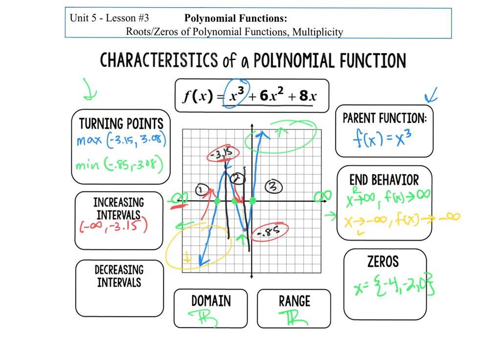That's a decreasing interval, from negative 3.15, comma, negative 0.85. And then in my last section, from negative 0.85 to positive infinity, we only use x values, so from left to right, we're back to going up again, increasing. So from negative 0.85, comma, infinity, we are increasing.